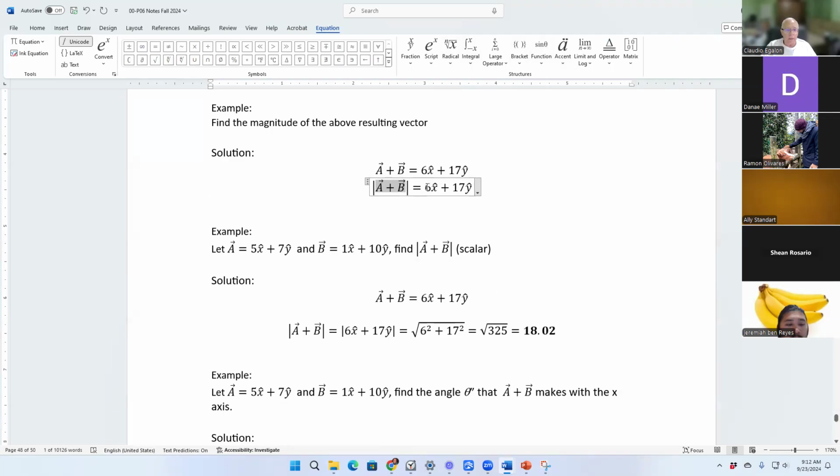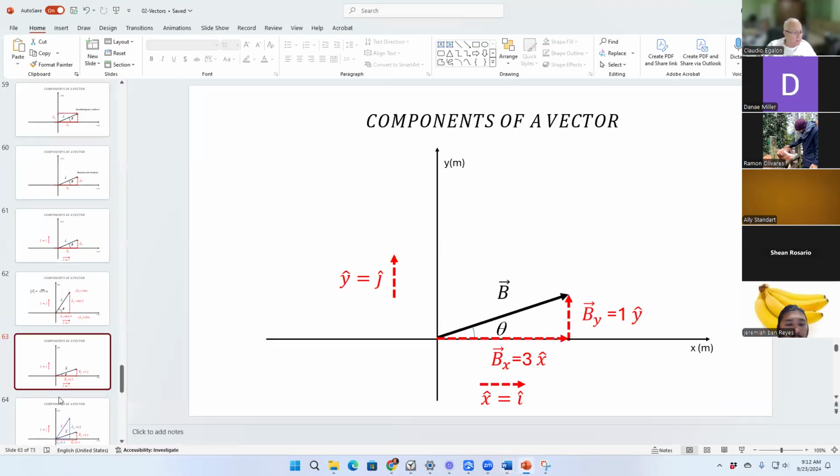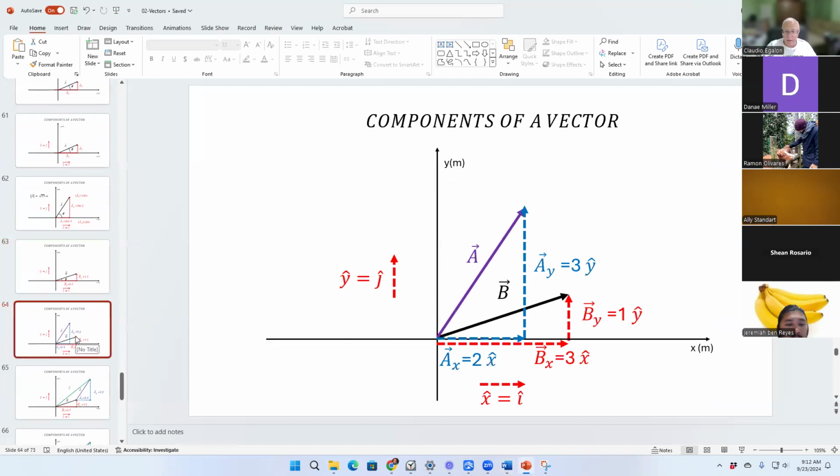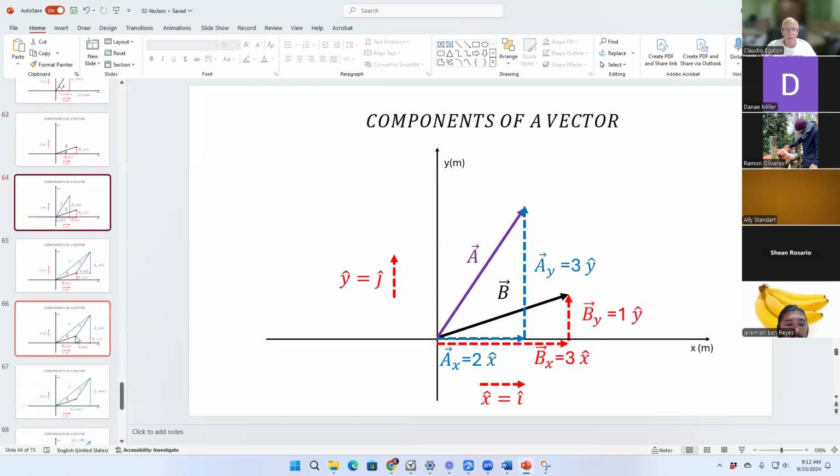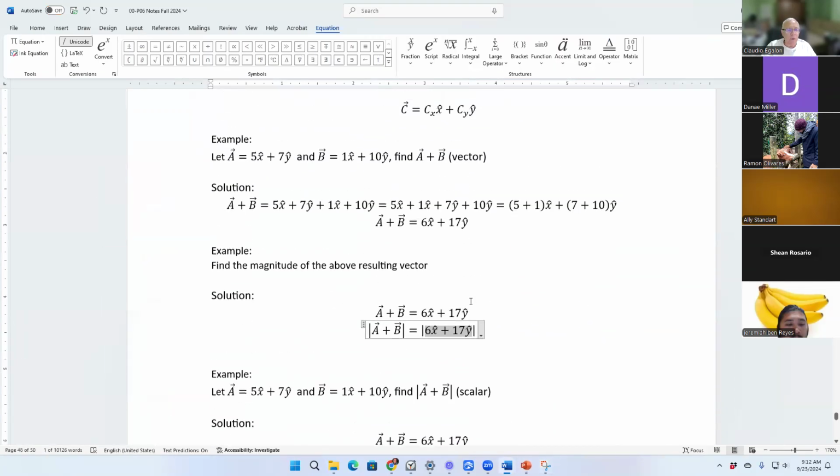And let's see if I have an example here. Let's see if it's the same example that I'm doing in the book. No, it's not the same.